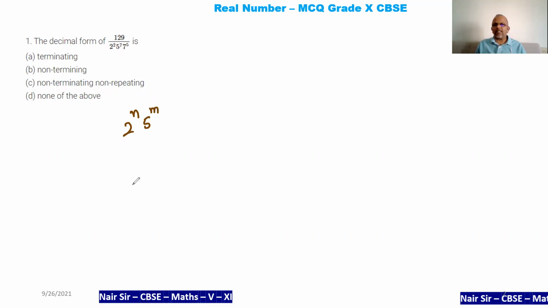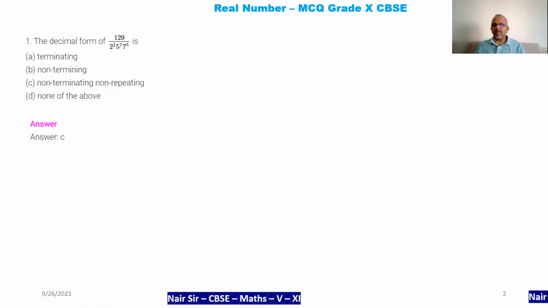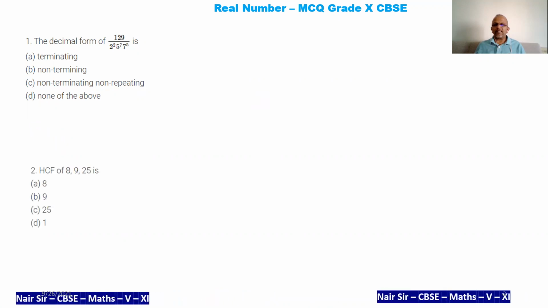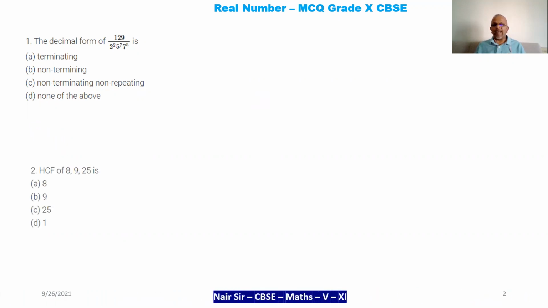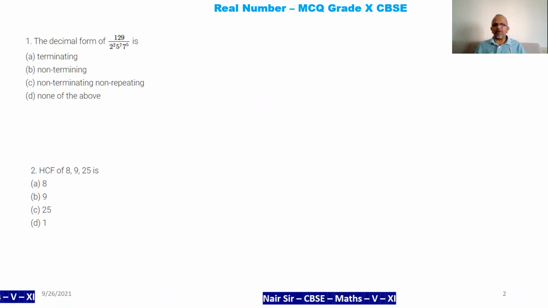All other than that is a non-terminating, non-repeating number. So the answer for this question is answer C, non-terminating, non-repeating.